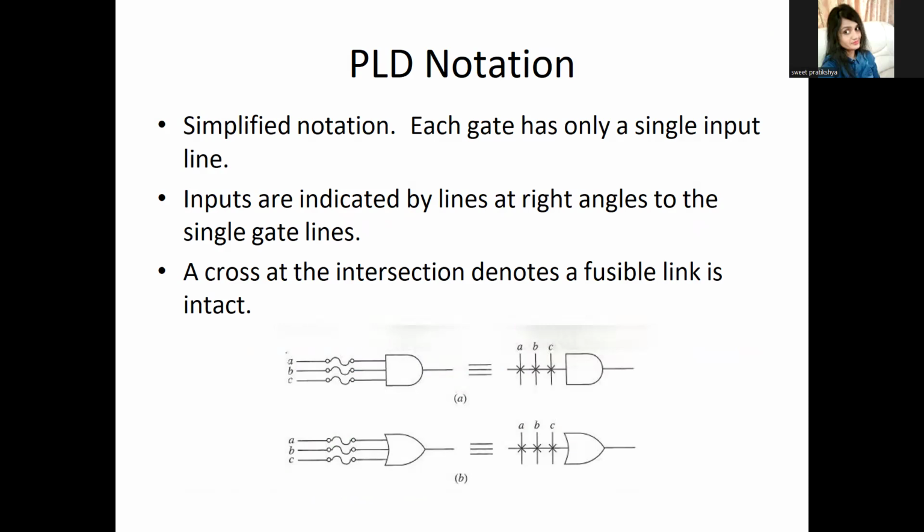A cross shown at a junction means a fusible link is intact, that is, a connection is made. The cross, for example at A, B, C, means the connection is made between the input and the gate. Absence of a cross means there is no connection, that means it is zero. A dot at an intersection means it is a hardwired connection.